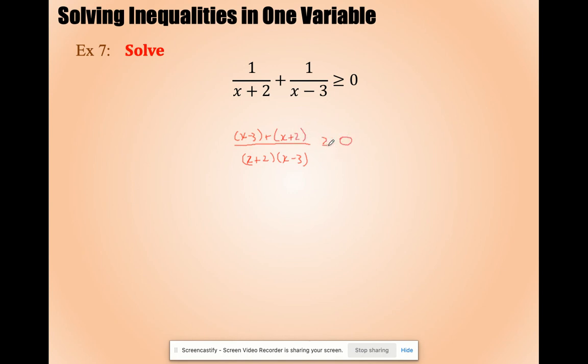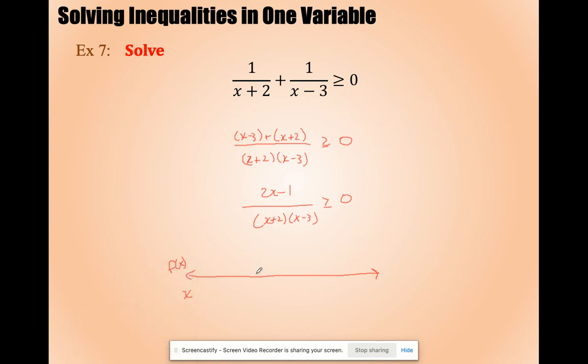This time I want it to be greater than or equal to 0. Notice I don't multiply out the denominator.